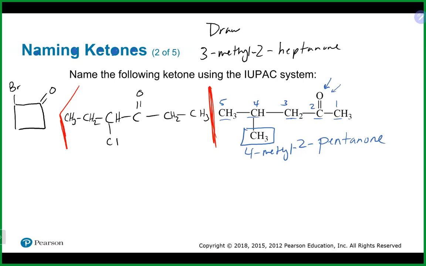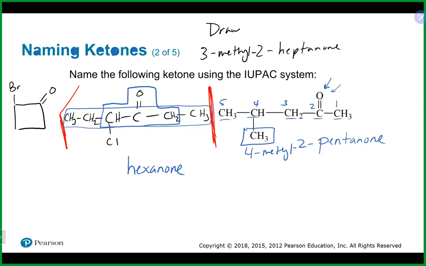Looking at the next one, I think just straight across here will give us our maximum number of carbons. That's 1, 2, 3, 4, 5, 6. Once again, if we look in this area here, that is our ketone group. So that is 6 carbons with a ketone group. That's going to be hexanone, O-N-E. We do need to number the carbon-oxygen double bond to give it the smallest number.